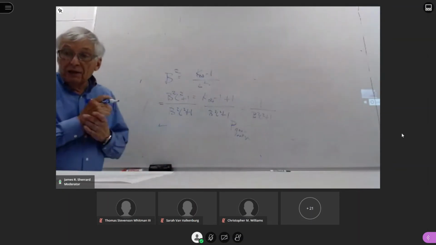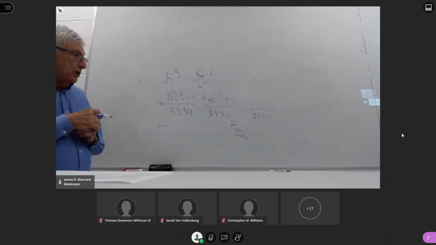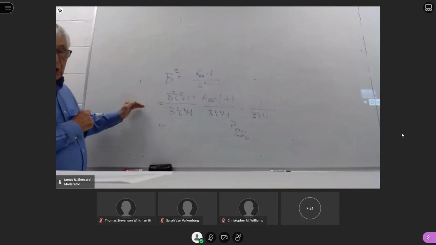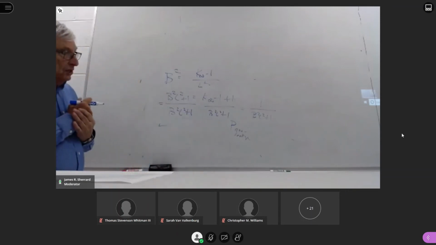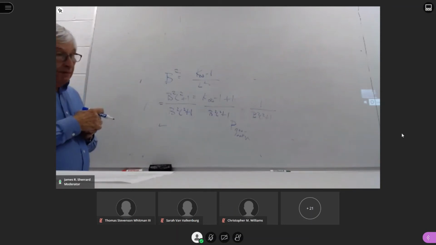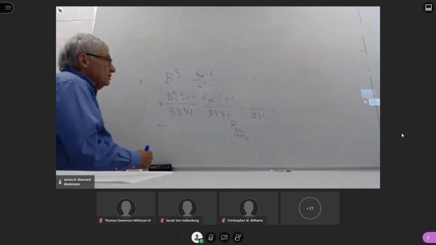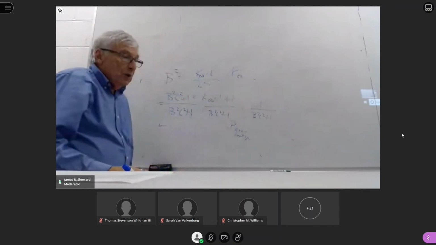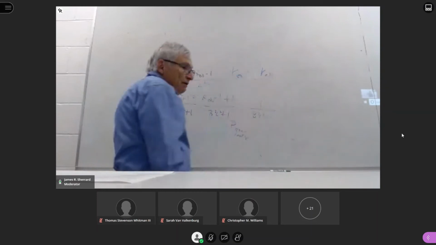So you have 2 probabilities. You have a probability of leakage, you have a probability of non-leakage. So by taking this and relating it back to just criticality, we have a measure of non-leakage. So therefore we have a measure of leakage. So if you multiply the leakage times K infinity, you would have an estimate of what K effective would be.